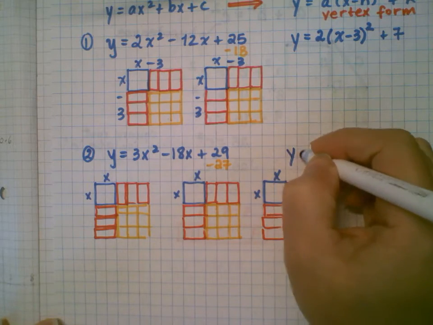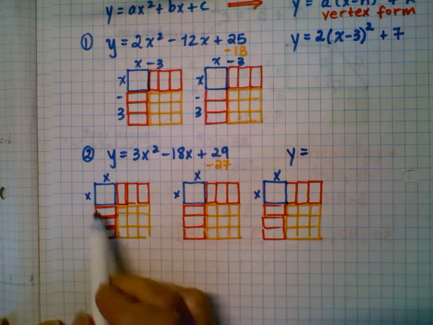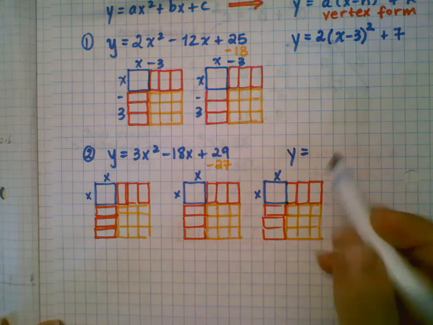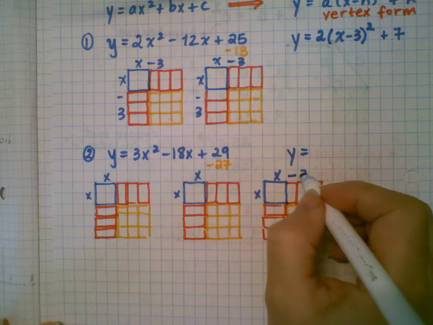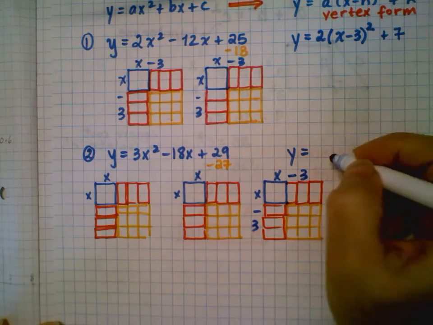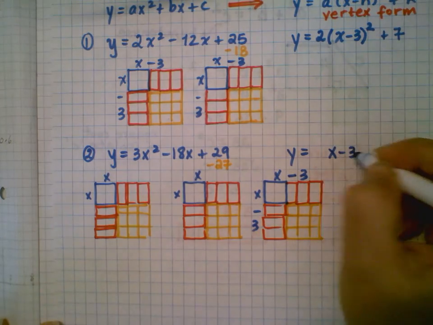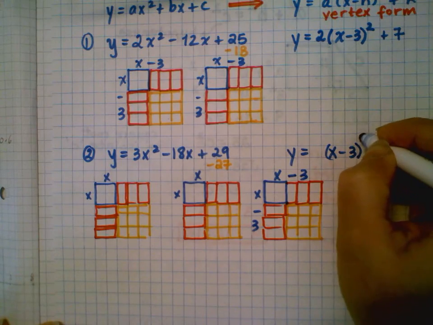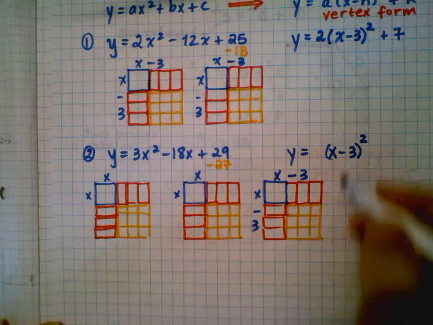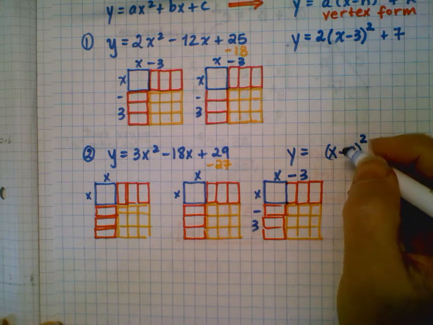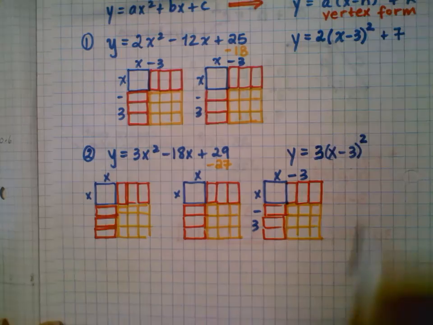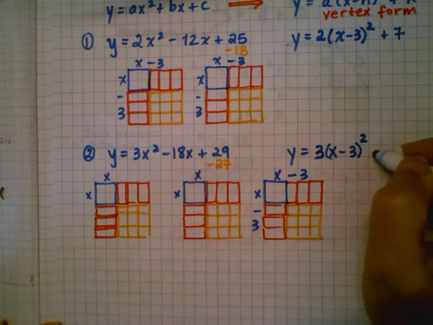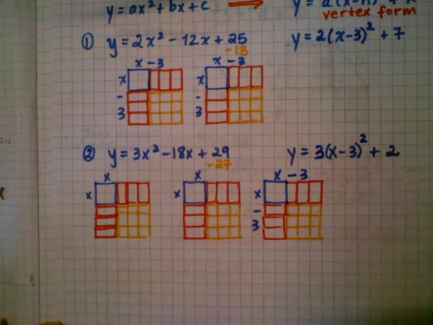So in my vertex form, the dimensions of these smaller squares, same as above, it's x minus 3 by x minus 3. And there are 3 of those. And I had 2 units remaining.